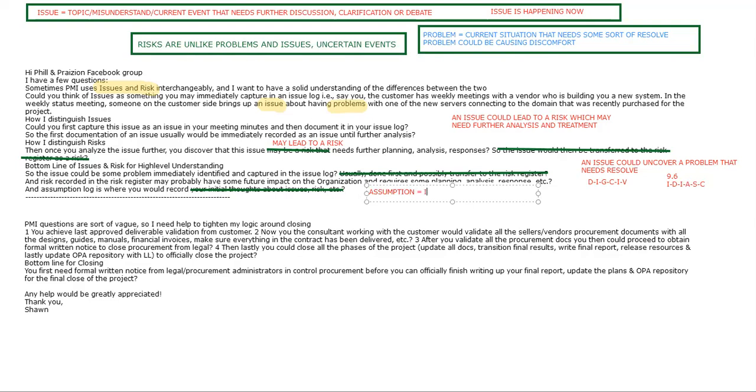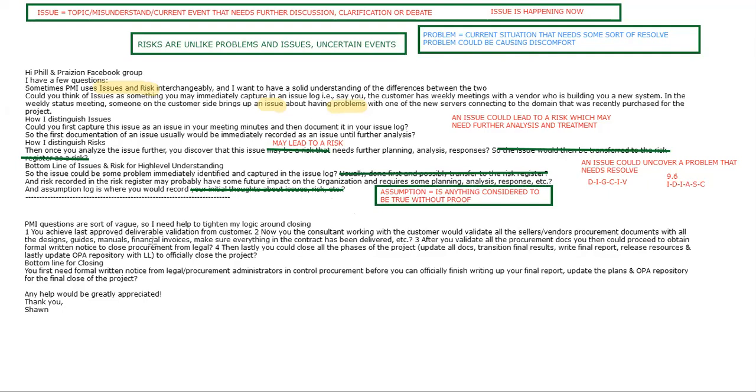An assumption is anything considered to be true without proof. And of course, this is also where you would document constraints. What are constraints? Constraints are limiting factors to the project team's options.